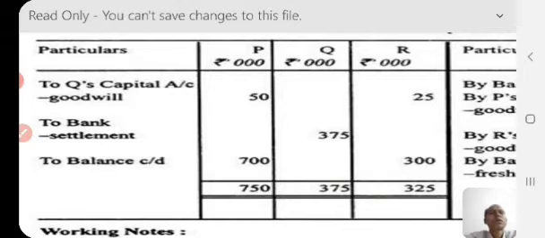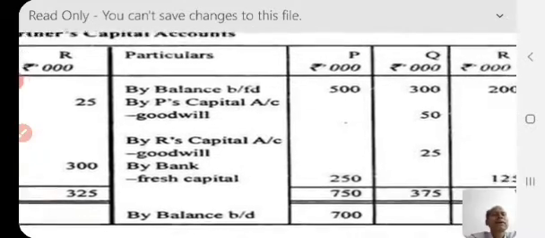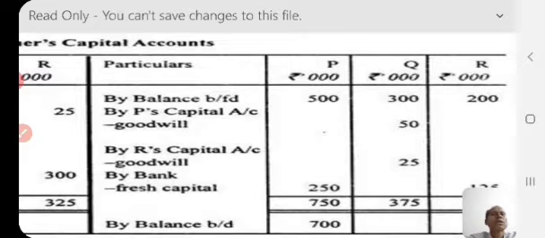Capital accounts. First, by balance. So 500, 300 and 200, which are seen in the balance sheet given in the problem. So P, Q, R: balances brought forward 500, 300 and 200.